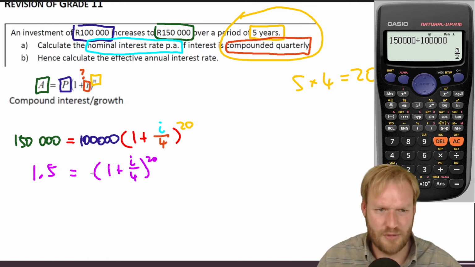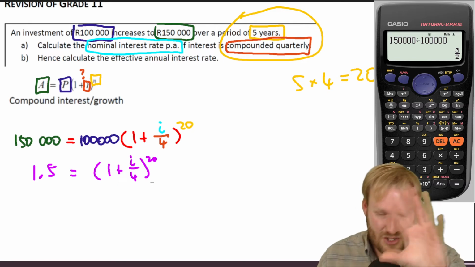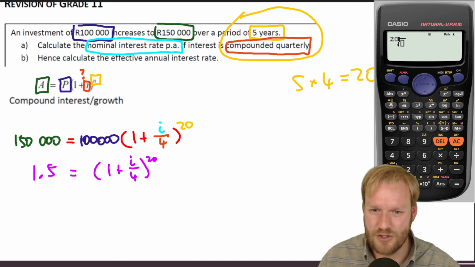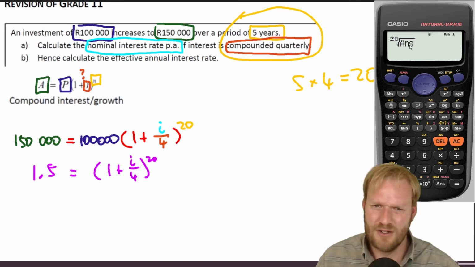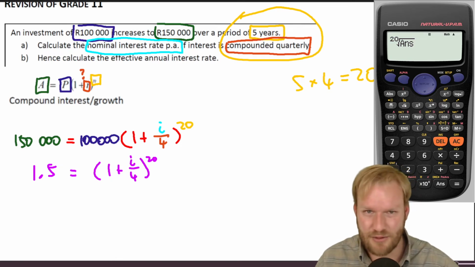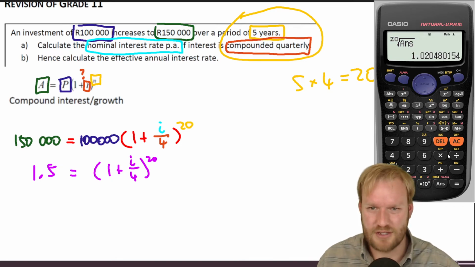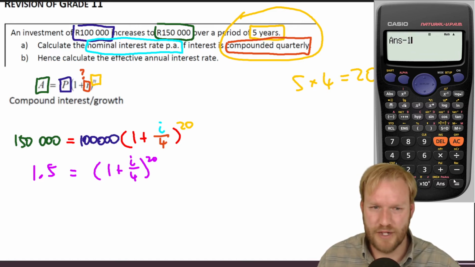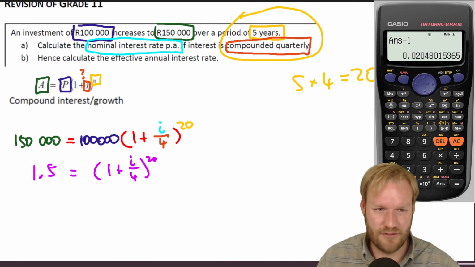Now, we want to slowly but surely get ourselves towards i. So we're going to take the 20th root of each side. Shift that one, the 20th root of what we had before. So hints and tips: use the answer instead of rewriting 1,5. Just use answer and it'll get you there. Okay, that's 1 plus i over 4. So we need to subtract 1, and that's i over 4.